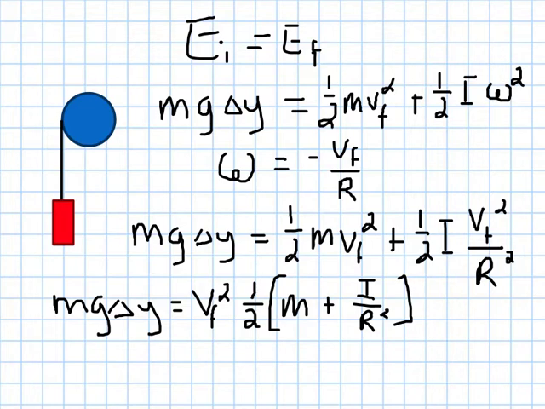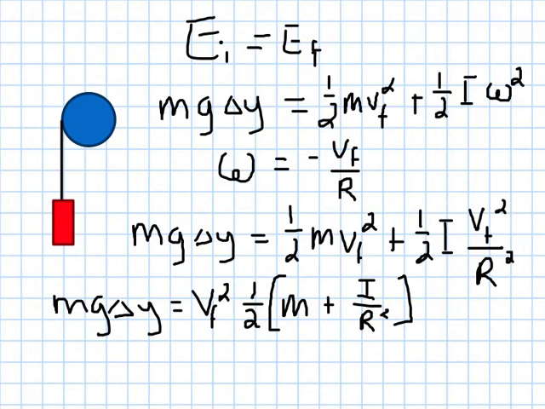From here, I'm going to do a few algebraic steps just to clean this up and get a final equation in terms of v final equals. I'm going to multiply through by 2. That's going to eliminate this 1/2. I'd also like to multiply both sides by r squared because I do not like this fraction, which is going to end up in the denominator. So after I've multiplied everything through by 2 times r squared, then I will divide by this term in the brackets and take the square root, which will give me v final.